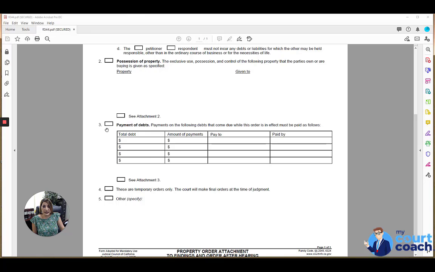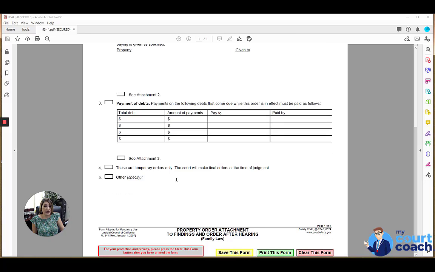So if the court does make that type of an order, mark box 3, list the dollar amount of the debt that's being paid, the amount of the payments, that's the monthly payments, and who that payment is being made to, and which party is being ordered to make that payment. And again, if this is a very extensive list, you always have the option of adding an attachment, and if you do, mark the box.